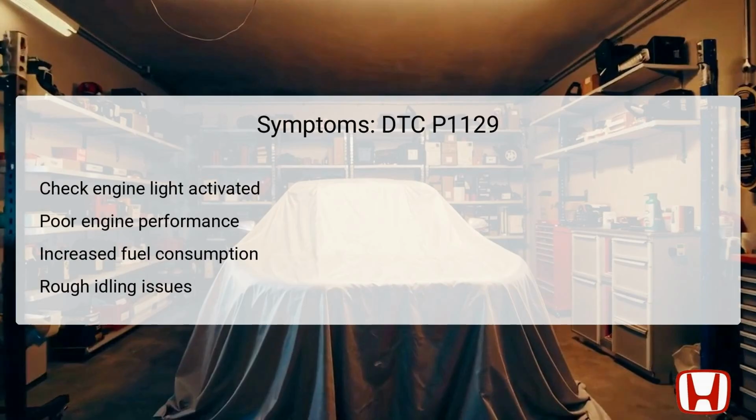Another common symptom is increased fuel consumption, as the ECU may struggle to maintain the proper air-fuel balance due to the faulty MAP sensor indications. Additionally, rough idling can occur, where the engine may shake or struggle to maintain a consistent RPM at idle. Recognizing these symptoms is crucial for drivers to understand when to seek further diagnostic testing and potential repairs.